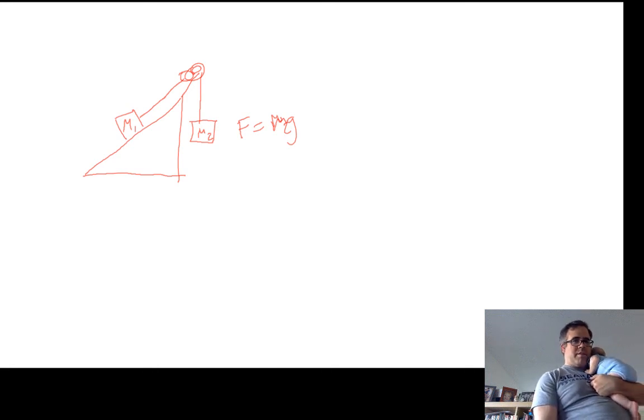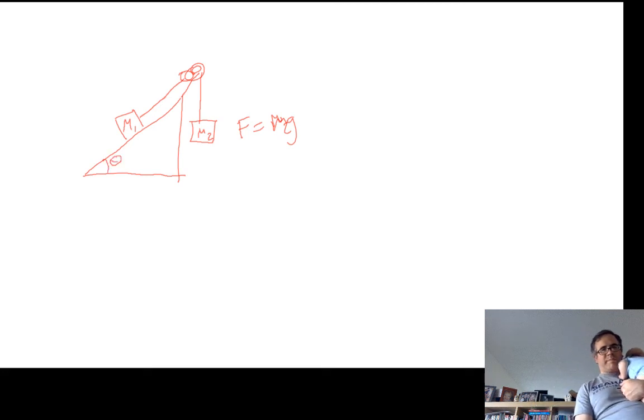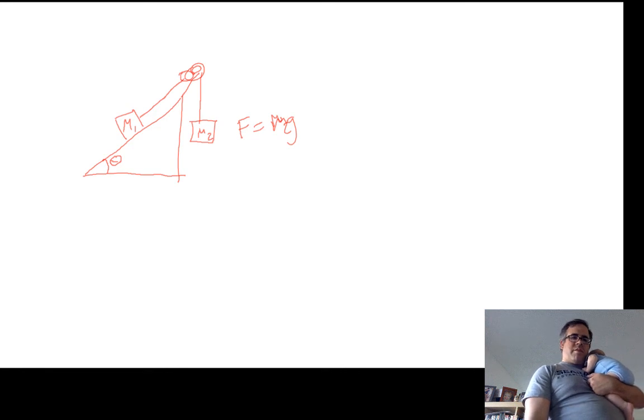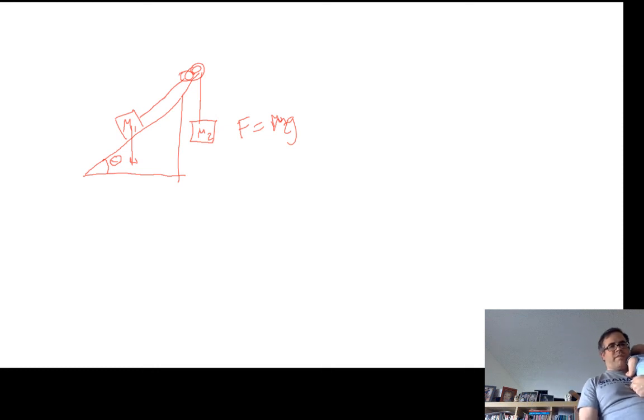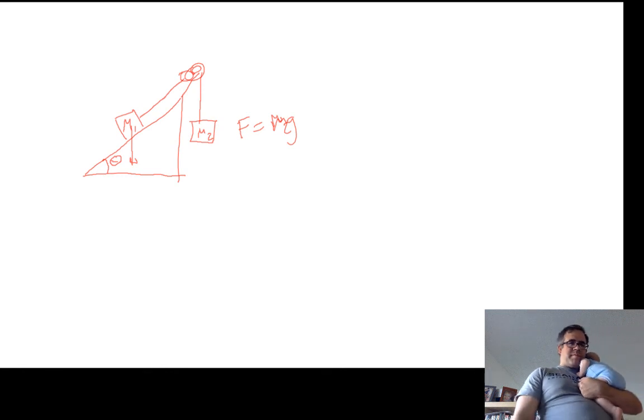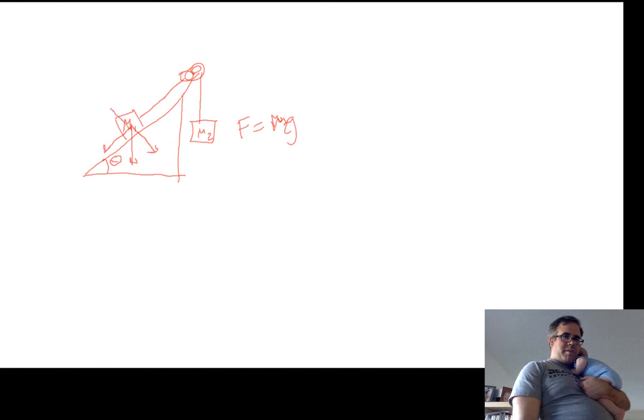You're going to need to know, typically they give you this angle. So of course we have the total force on this, the force due to gravity. You're going to have to decompose this into this correspondence and this correspondence, where this is balanced by the normal force.